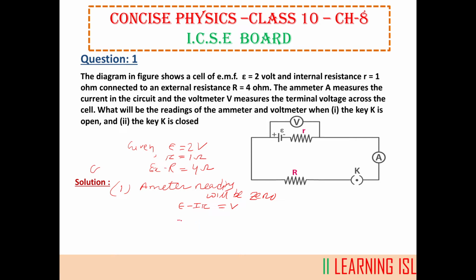As the circuit is open, the current is 0, so 0 into internal resistance, which is 1, so 0 into 1 equal to zero. The value of E is 2, so 2 minus 0 equal to V, so V equals 2. So the voltmeter reading in this case will be equal to 2 volt.